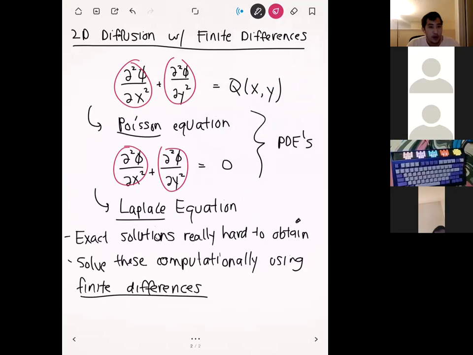Okay. And then from there, we're going to apply that equation to each of the different nodes in our mesh in order to get a set of linear equations that we can solve using MATLAB. All right. Any questions on this so far?